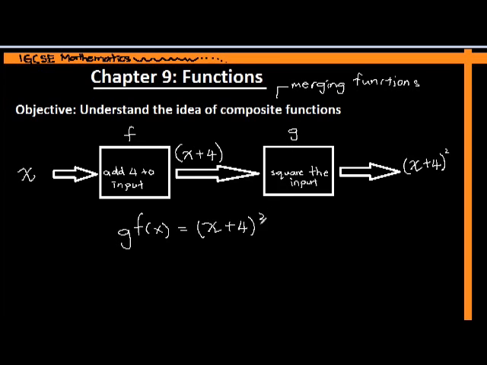But when we write the composite function, we should write the function that comes later, which is g, and then followed by the function that comes earlier, which is f. So you can see here the composite function is g(f(x)) equals (x plus 4) squared.